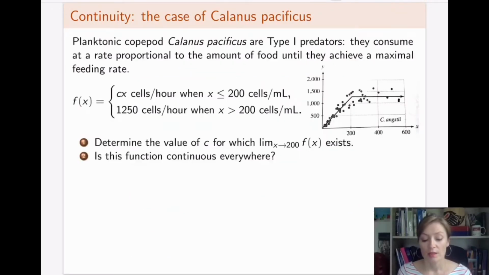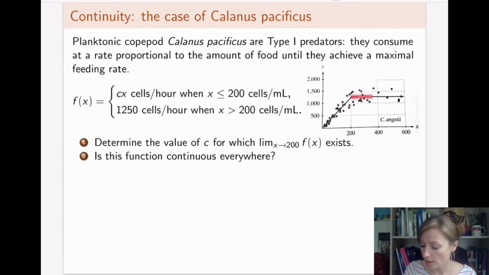Now, the Calanus pacificus is actually a type 1 predator, which means that they will feed proportional to the amount of food present up until the point where they reach maximal feeding rate. So these points on the graph here are actual data points collected by the researchers, and they noticed that 200 is where that biological switch actually occurs.